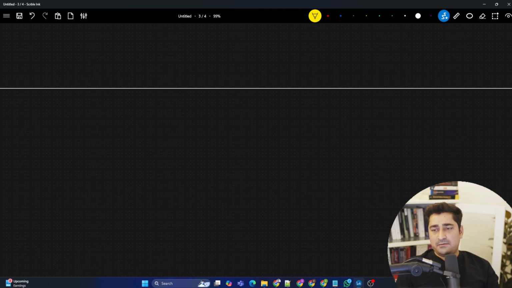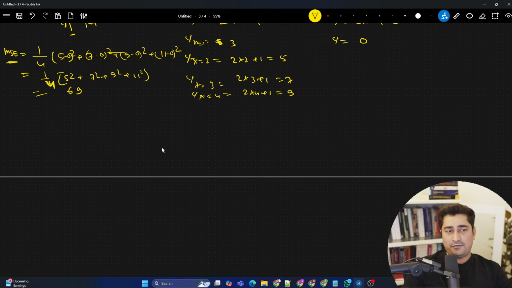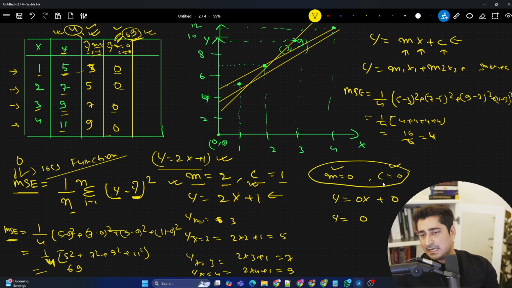Now how will the system be able to calculate a loss? Because at the end of the day, I have to choose a new value of m, so m new I have to find out, and c new. Let's suppose I am starting with a random value, m is equal to 0, c is equal to 0 initially, and I have observed that I'm getting a loss.